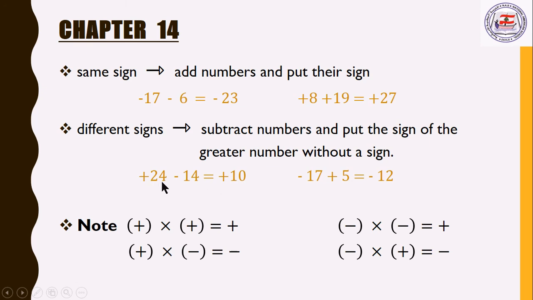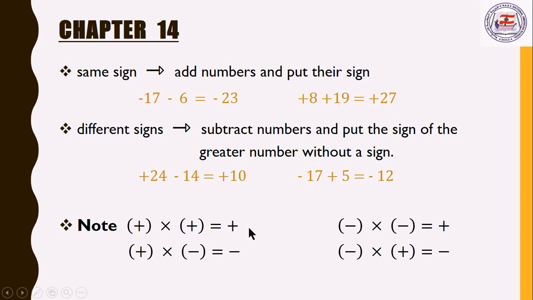This is the greater, 24, its sign is plus, we put plus. Minus 17 plus 5, different signs. We subtract the two numbers, 17 and 5, it is 12. Then we put the sign of the greater number, 17, which is minus. Then we put minus 12.